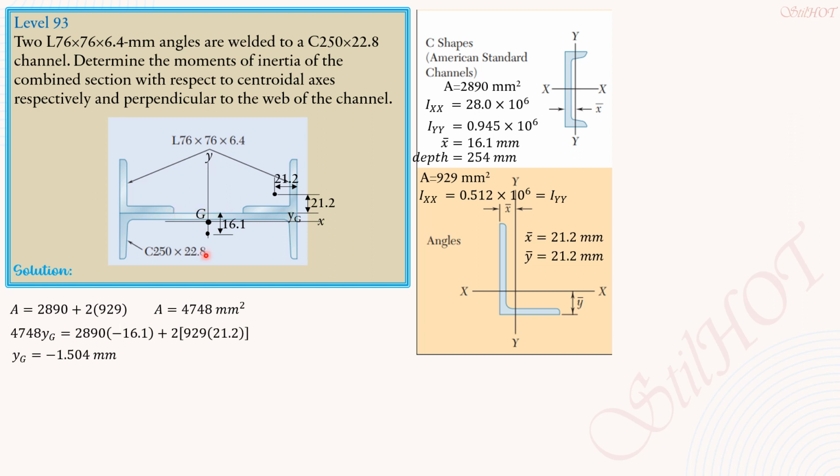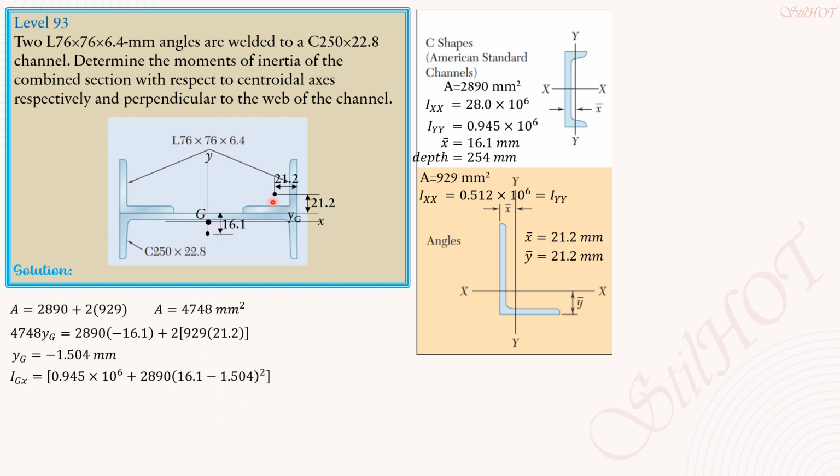They are both below. So the distance is 16.1 minus 1.504. So for the channel, IGX equals IY of the channel, 0.949945 times 10 to the 6, plus area 2890 times quantity 16.1 minus 1.504 squared.